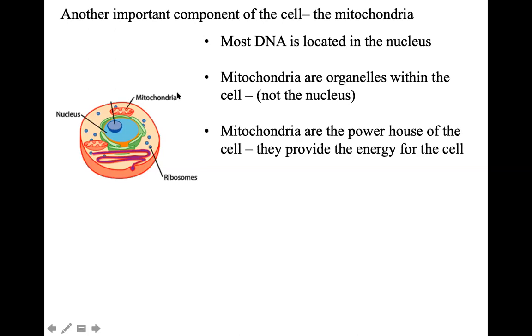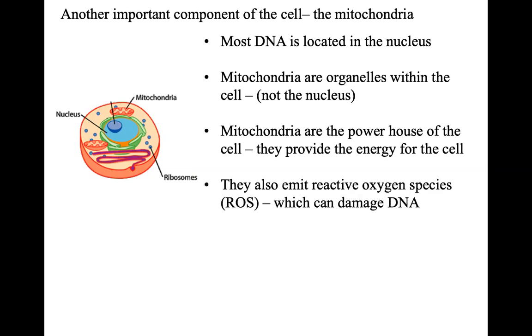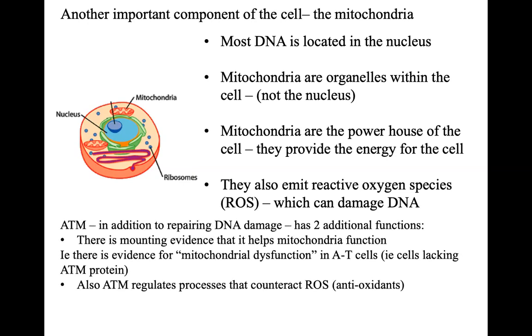And they're effectively the powerhouse of the cell. They provide the energy for the cell to do all its tasks. But they also emit what we call reactive oxygen species, which are chemicals that can damage our DNA.